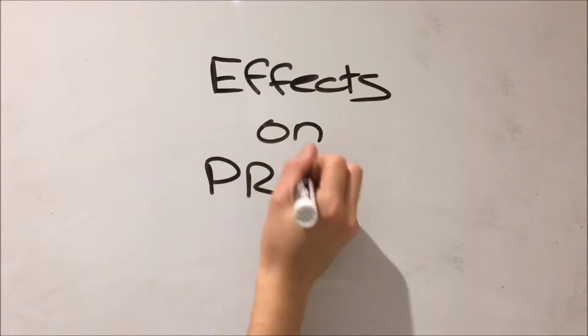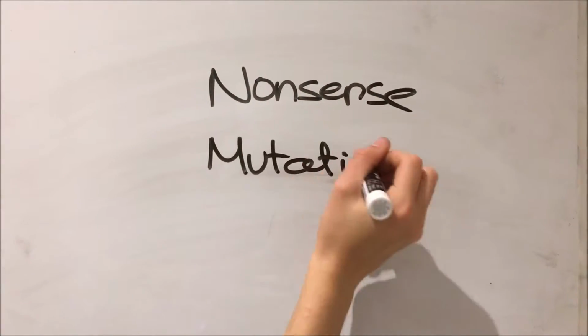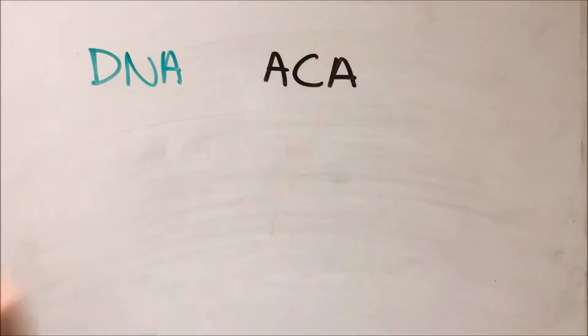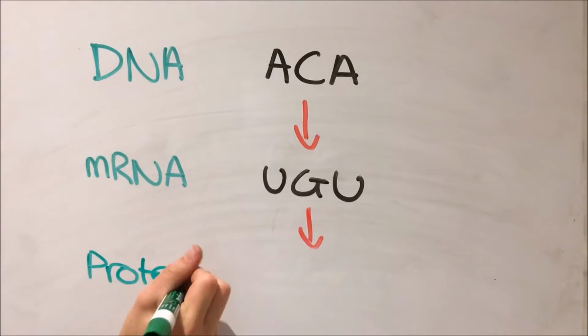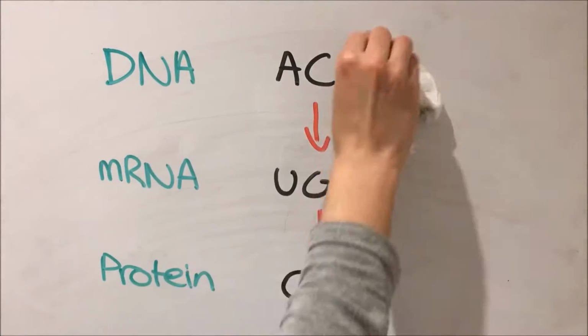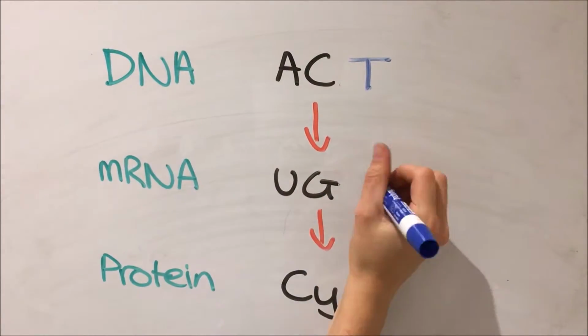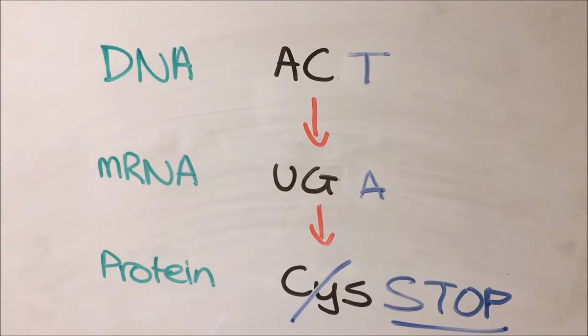Let's now talk about mutations by regarding their effect on the protein. A nonsense mutation is caused by an SNP event, where the altered DNA sequence signals a premature stop codon. This then instructs the cell to stop building the protein, resulting in a shortened protein which may function abnormally or not at all.